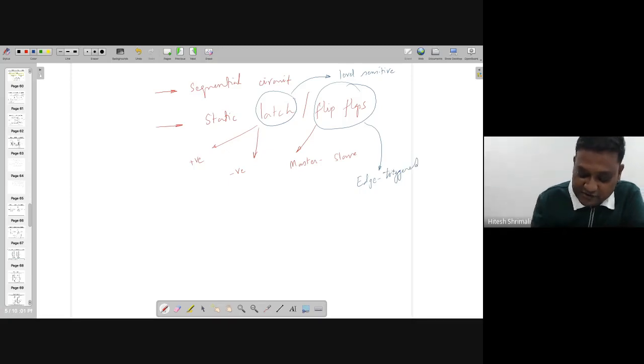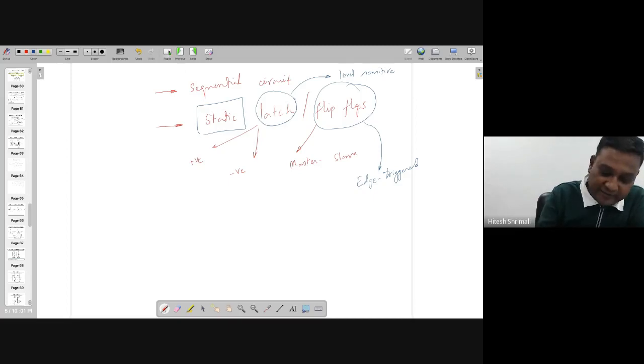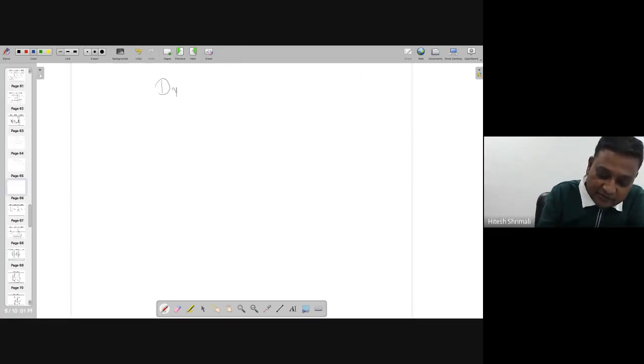So we studied all these things, but we have not moved to something called dynamic. A dynamic latch, or you can say flip-flop, is one where the data is dynamic, moving and not stable. You need to refresh the data in less than milliseconds.